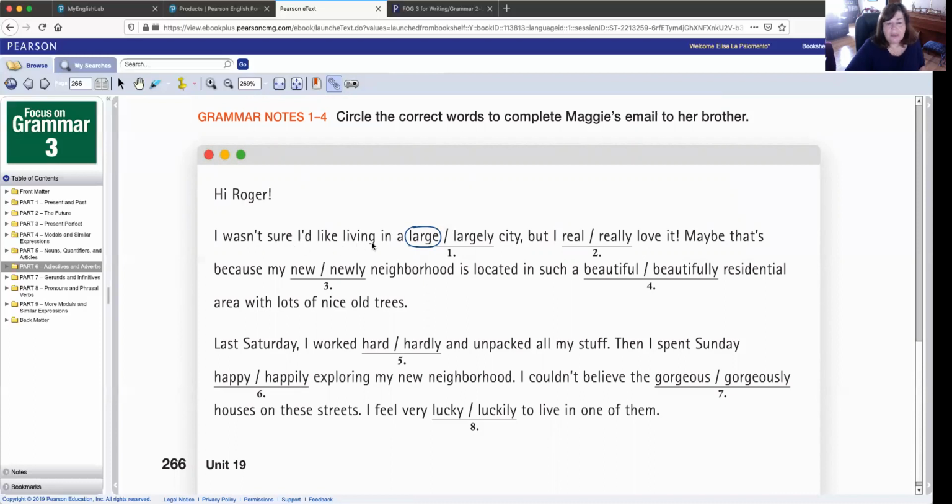I wasn't sure I'd like living in a large city, but then you have a choice between real and really, but okay, let's skip these words, but I love it. Love is a verb. How much do you love it? You need to pick an adverb, so that would be really, but I really love it, okay?